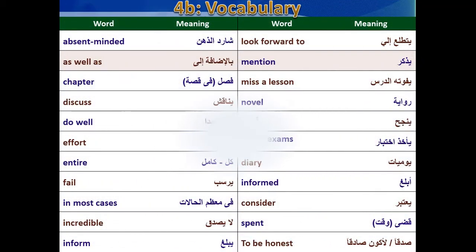Okay, we will start with the meaning of the most important words.